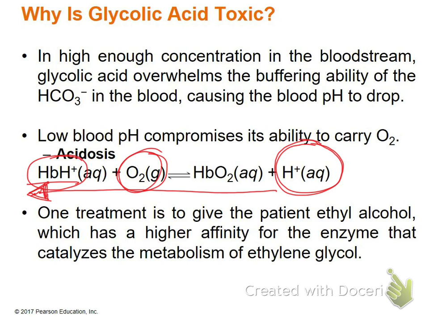All right, so because of this higher affinity for the alcohol, the enzyme will basically ignore the ethylene glycol, right? So ethylene glycol gets bypassed. It bypasses the liver and the kidneys, and then it gets excreted out of the body through the urine.